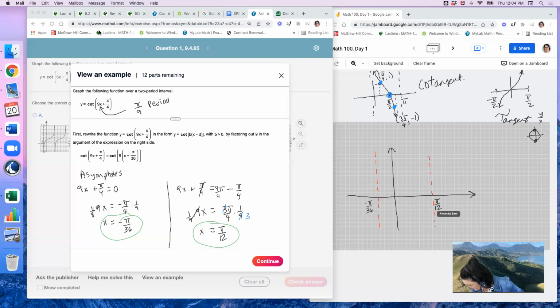So the midpoint, just add them up and divide in half to get my midpoint there. So negative pi over 36 plus pi over 12. Add them up and divide in half, or just multiply by a half.